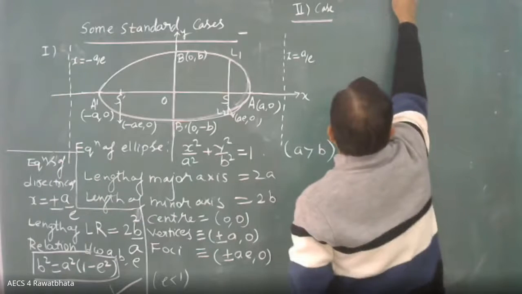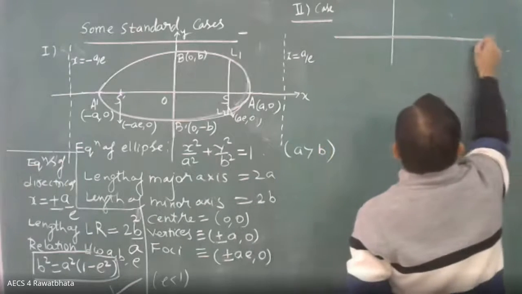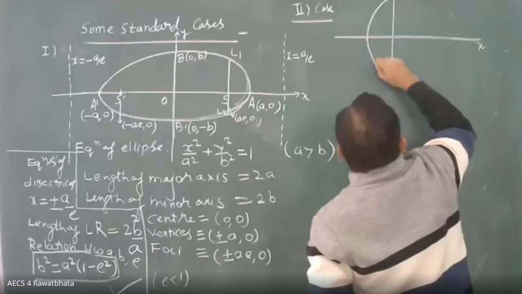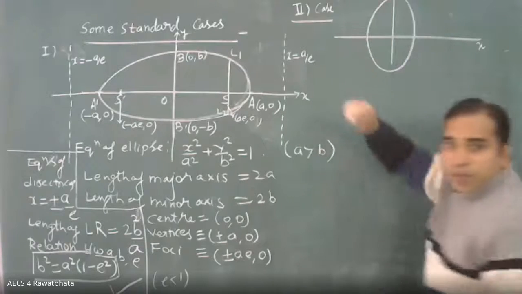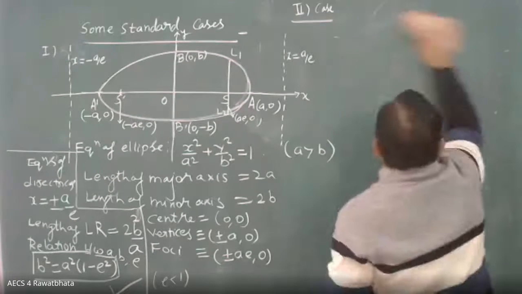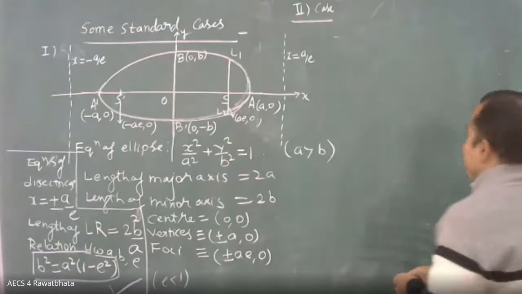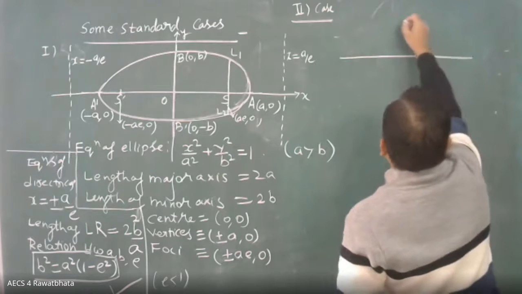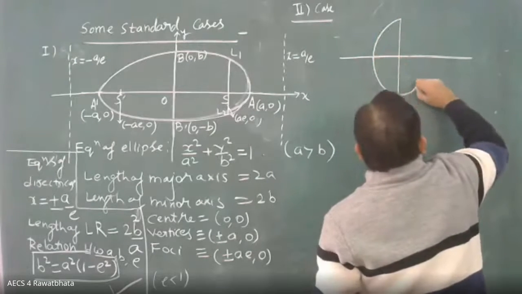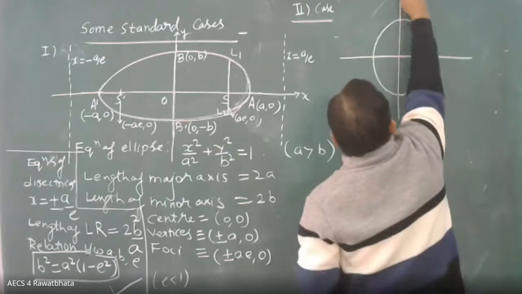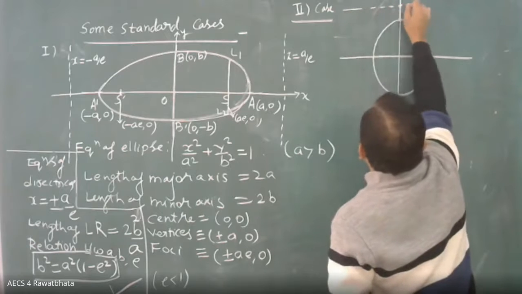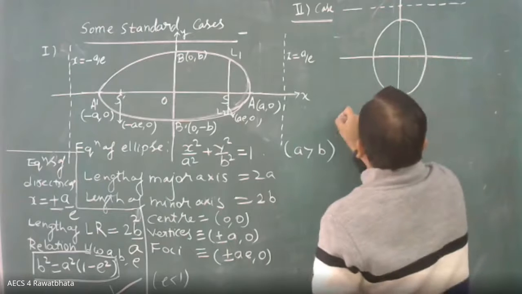First of all, its figure. These are x-axis and y-axis. This is the curve. It is getting cut a little, so let me draw it again. Right students, here is its first directrix, and here is its second directrix.